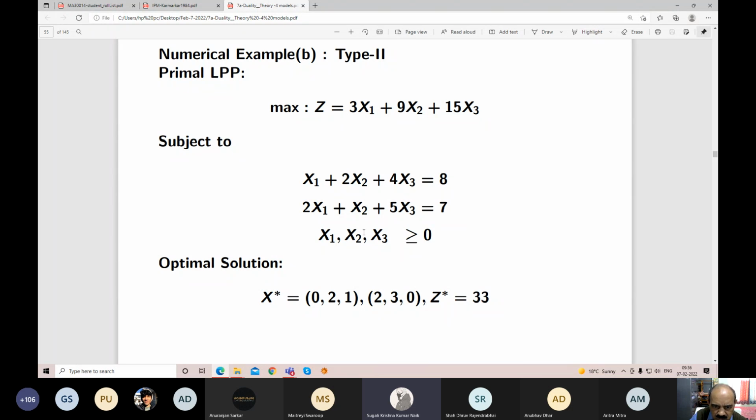What is happening? x1 plus 4x2, 4x3 equals 8, and 2x1 plus 5x3 equals 7. What is the solution? You tell me the solution. I am interested in the third basic solution. If it is feasible, we will think about it. If it's not feasible, we will just leave it like that.